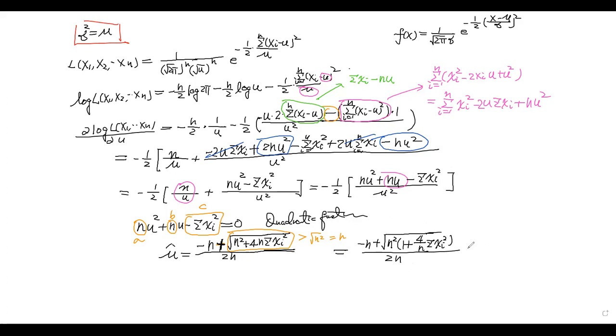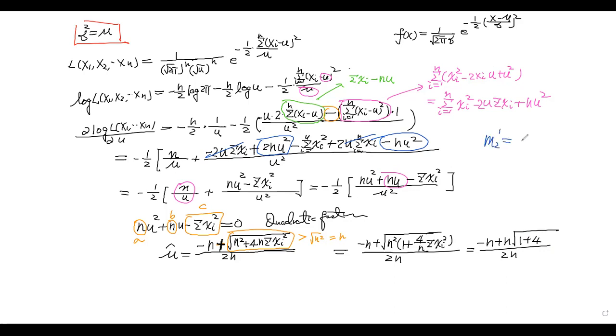The reason why I want to take this one out is that this is 2n, this is negative n, I can take this n outside the square root, then this is 1 plus 4. Take a look at summation xi squared over n, right? Summation of xi squared over n is what we defined to be m2, the second moment, right?